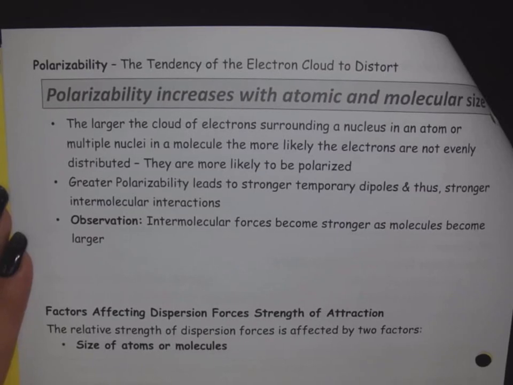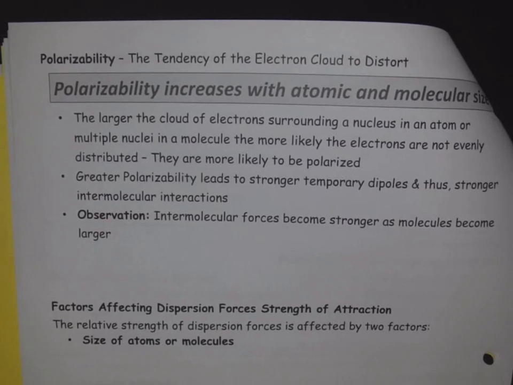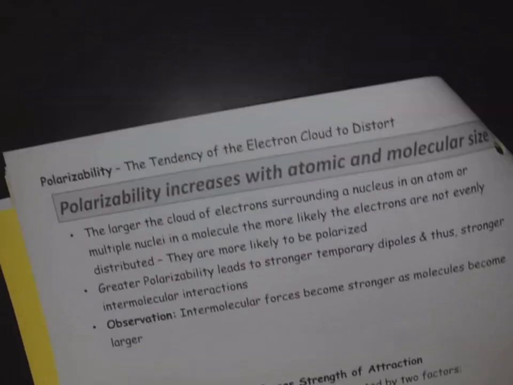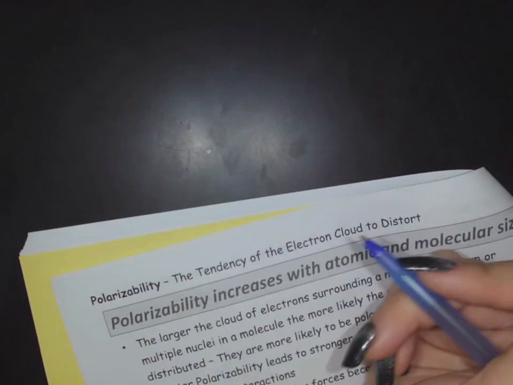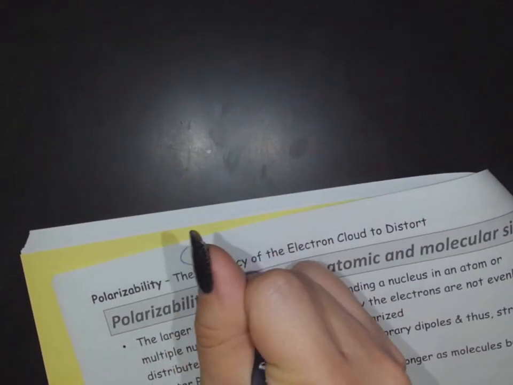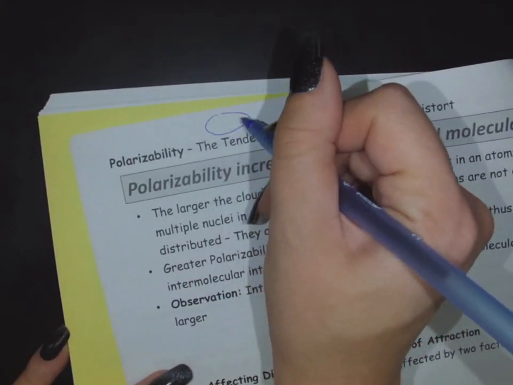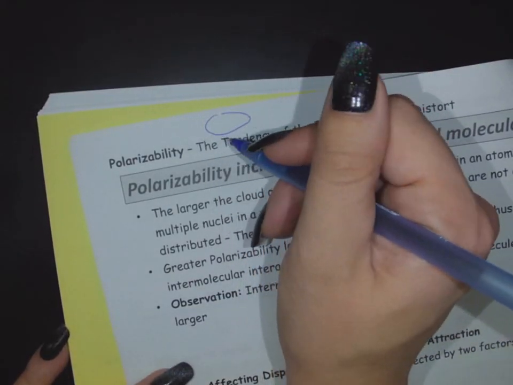So here's what's going on. When we have London dispersion, the electrons inside these molecules temporarily gather on one side of a molecule. If I have a molecule and there's electrons all around inside it, they're moving around.